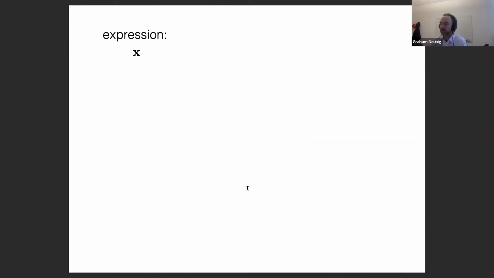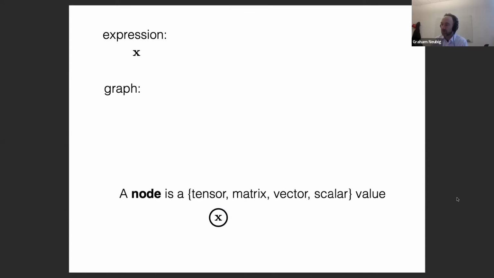If we define an expression, the way we represent it as a computation graph is through nodes and edges between the nodes. Here we have a single variable, maybe a vector, and that's represented as a single node. The node can be a scalar value, a vector value, matrix value, or tensor value.